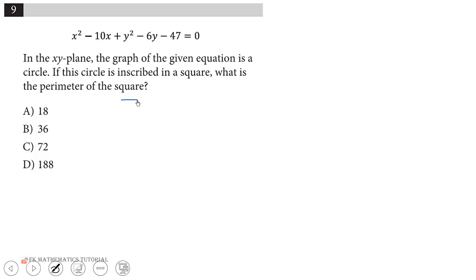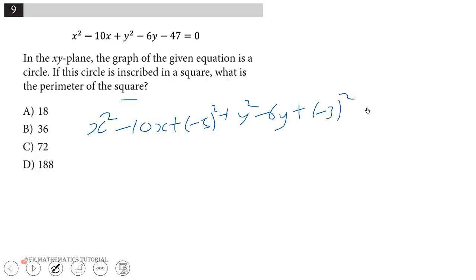So we have to quickly complete the square. x squared minus 10x plus negative 5 all squared, and plus y squared minus 6y plus negative 3 all squared is equal to 47. Then you add the negative 3 squared and then plus negative 5 all squared.